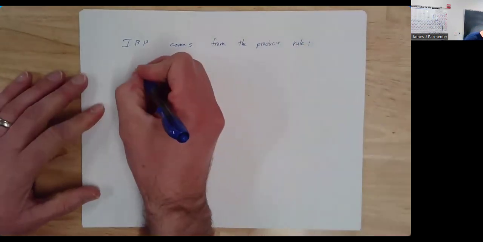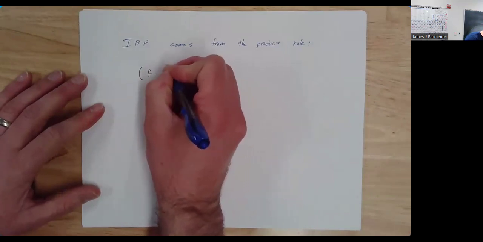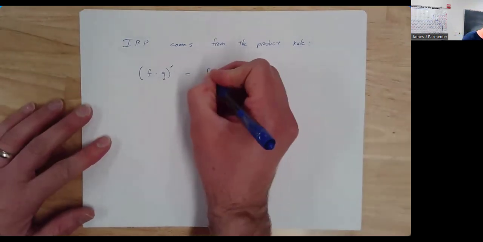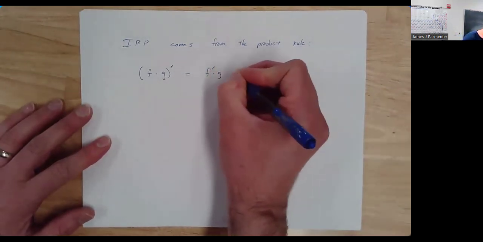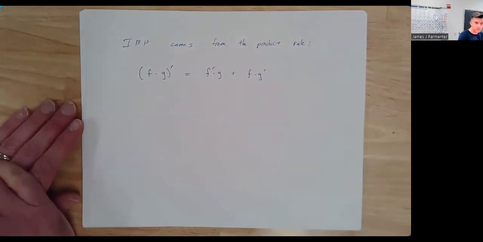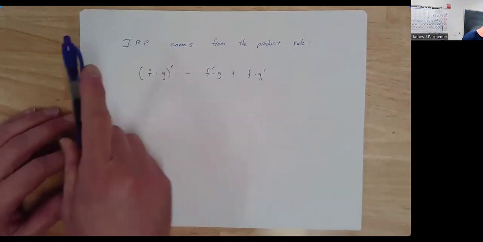If we look at the derivative of the product of f of x times g of x, the product rule says that's going to be equal to f prime times g plus f times g prime. And then if we start anti-differentiating both sides, well, yeah, sure.